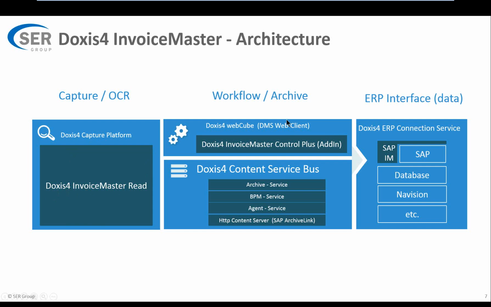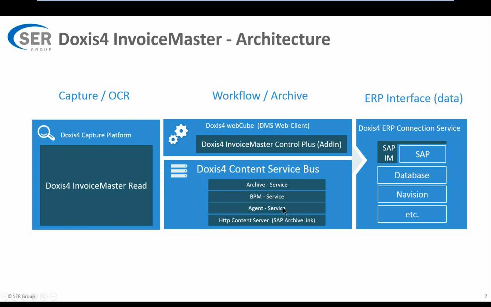In the middle part, you see the whole workflow and archive structure. The Doxis4 Content Service Bus is our main server, which runs the important services like the archive service, like the business process management service. So this is the workflow part. It provides the running environment for the agent services.